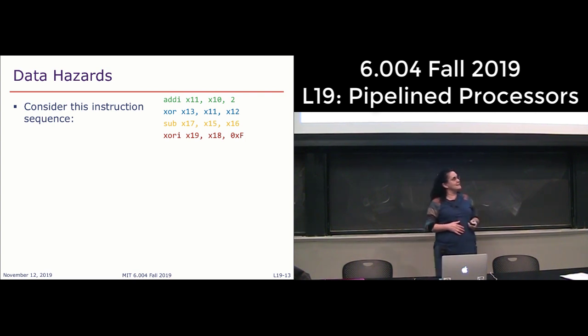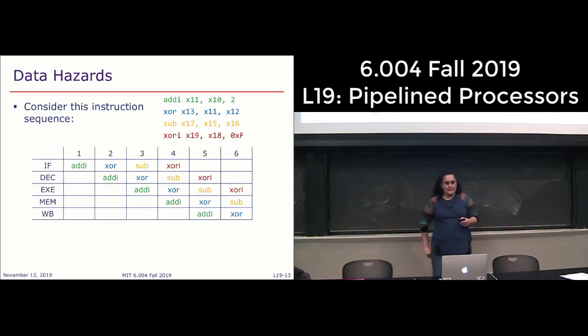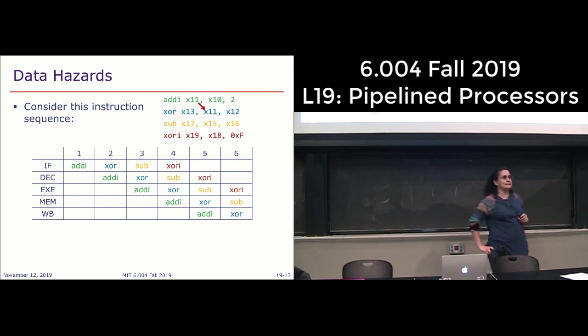So if we look at this code sequence, we see a more realistic situation where the add-I is writing something to register X11, and the exclusive OR needs to read from X11, okay? So if I filled my pipeline diagram just like I did before, would things work properly?